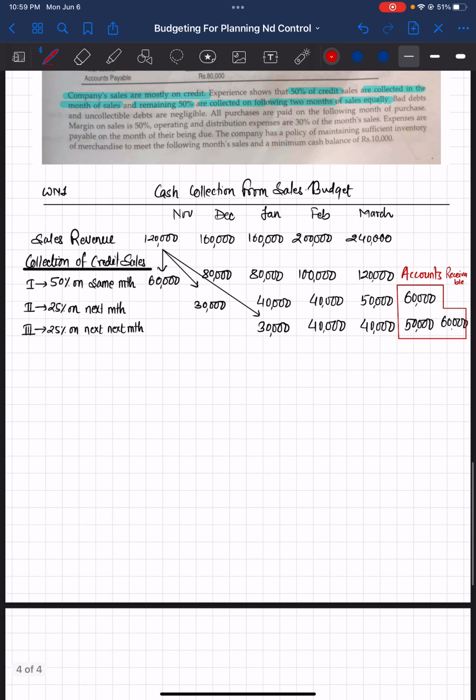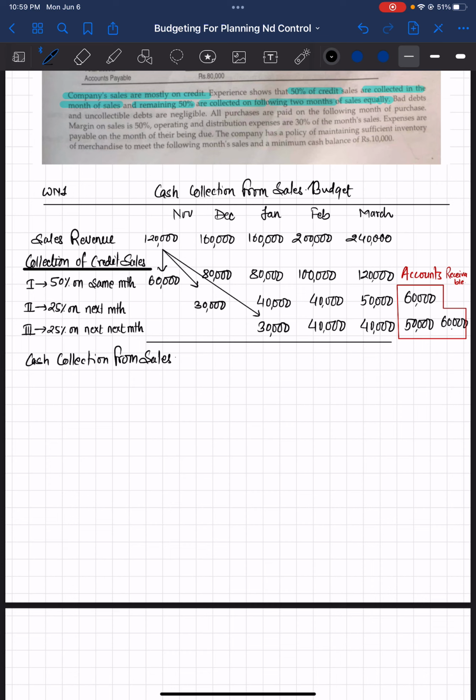So now, since we have all the information that is required, let's try to sum it up to find out what are the actual cash collection from sales. So this is going to be cash collection from sales.